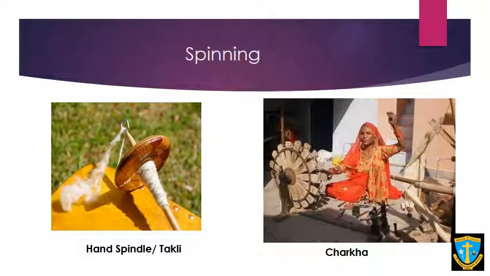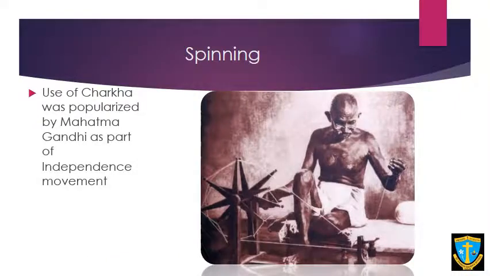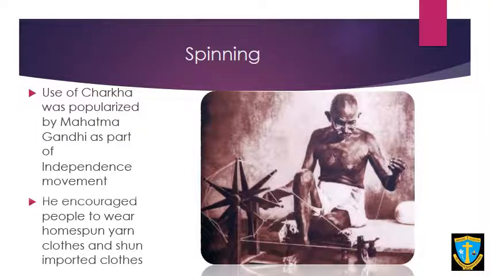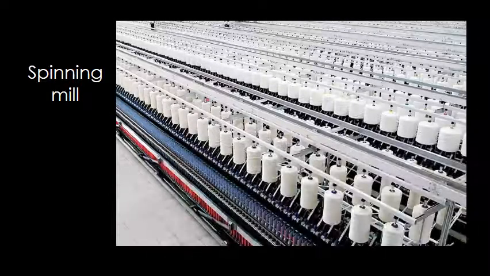Charkha is also used for spinning. The use of charkha was popularized by Mahatma Gandhi as a part of the independence movement, and he encouraged the people to wear homespun yarn clothes and shun the imported clothes. Spinning is now done on a large scale in industries. This is the spinning mill.